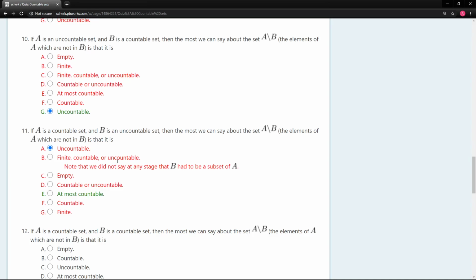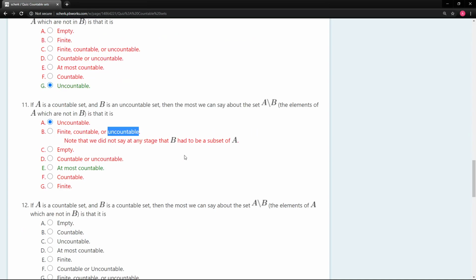R from n. So yeah, it's not necessarily uncountable.